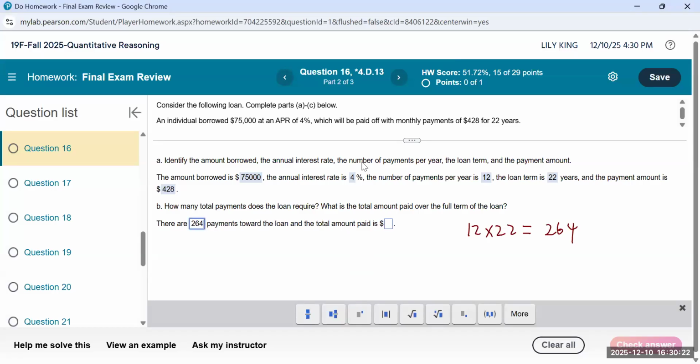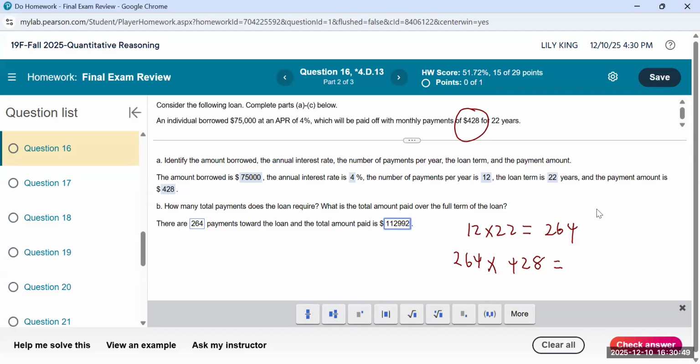And you take that 264 and multiply by the monthly payment of 428 to get your total amount paid, which is the same as the total payback. So we have 112,992.